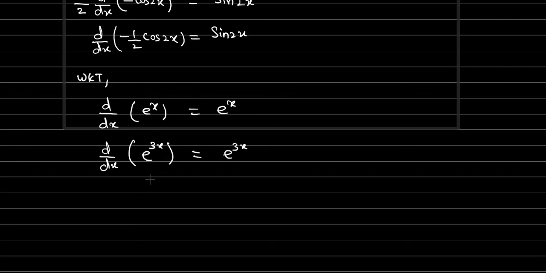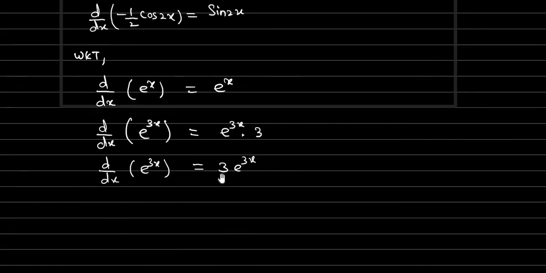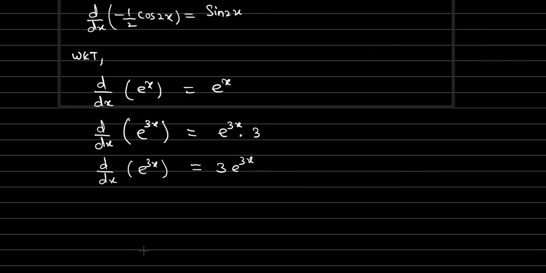Okay, so now we are going to check e power 3x differentiation is what? E power 3x itself. Okay, and 3x differentiation is what? 3. So into 3 we need to write. So d by dx e power 3x is 3 e power 3x. This 3 is not required, right? It's actually 4 times e power 3x we have. So that means 3 is not there. So we'll send 3 to the other side.